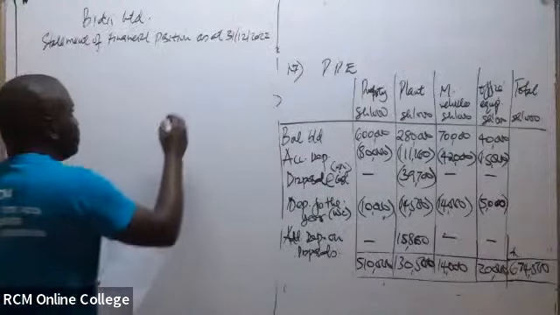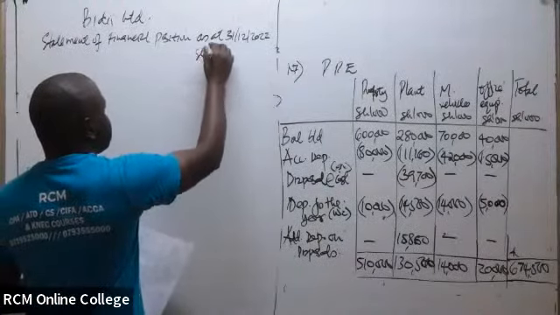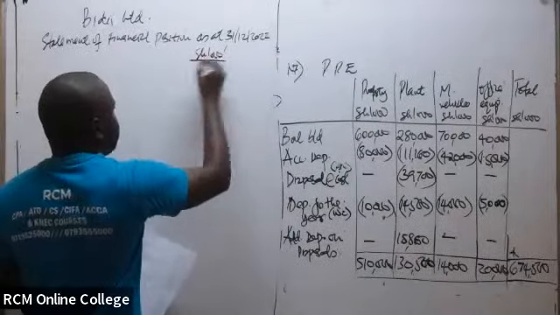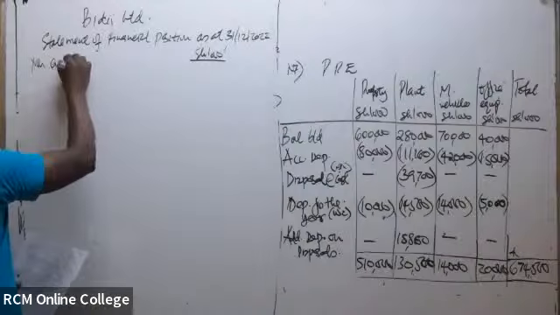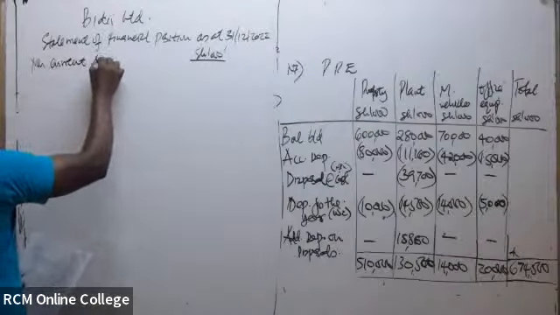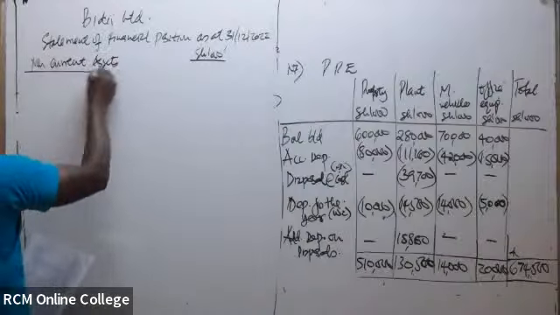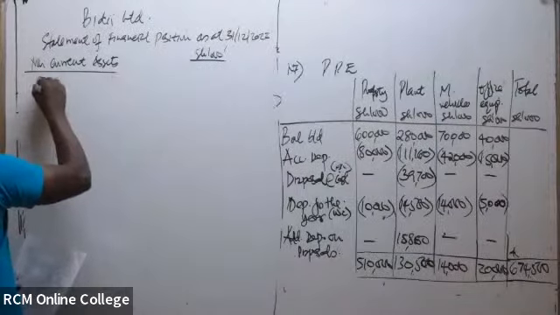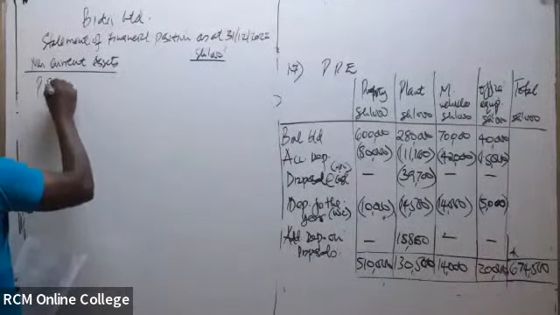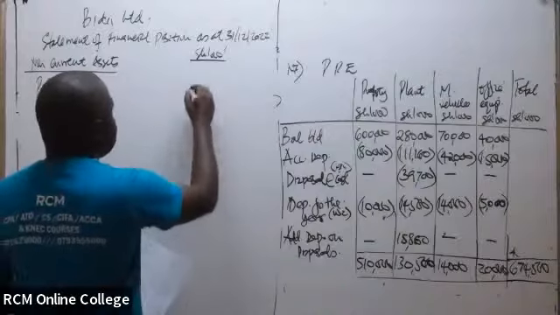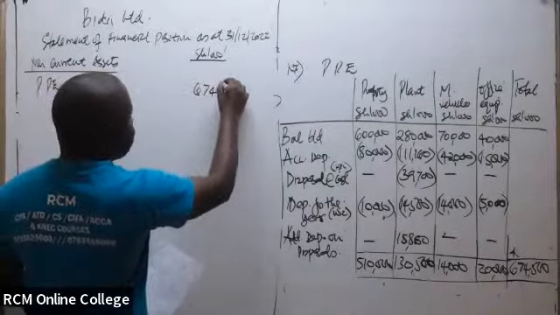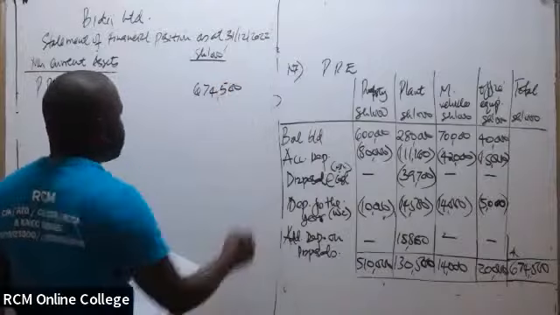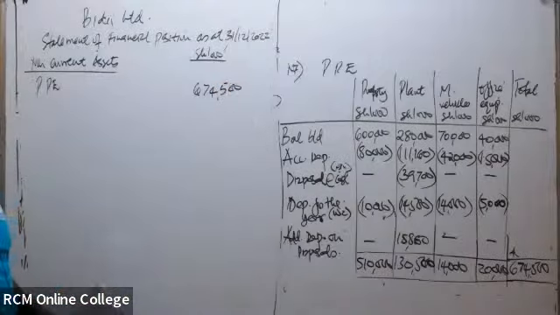In this case, we have our shillings in thousands. We can start with the non-current assets. In this case, we have property, plant, and equipment, which we've gotten as 674,500.